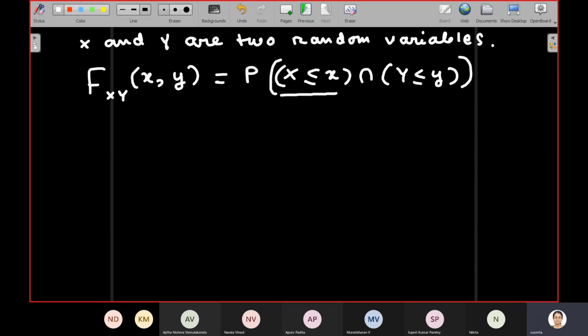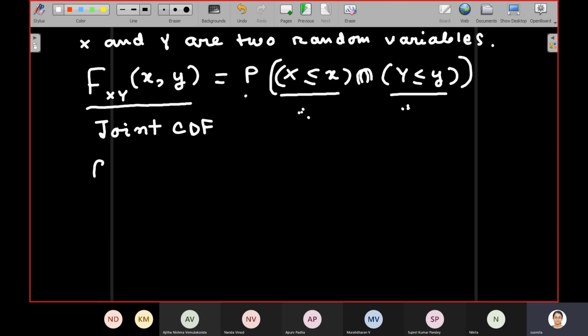Now we know that this is an event, and this is also an event. This is how they are related to the physical world. So basically we are seeing the joint probability of two events, and then we have put the intersection. So by the joint CDF, we calculate the joint probability of two events. So this is the joint CDF.